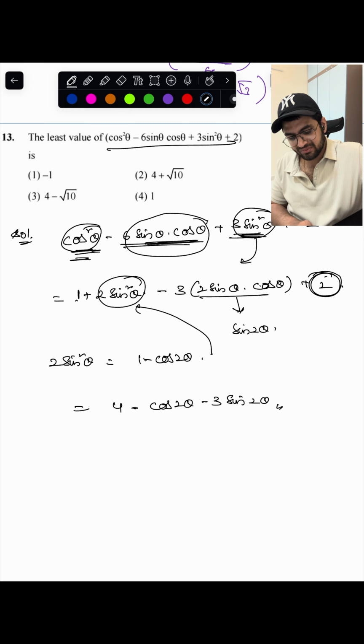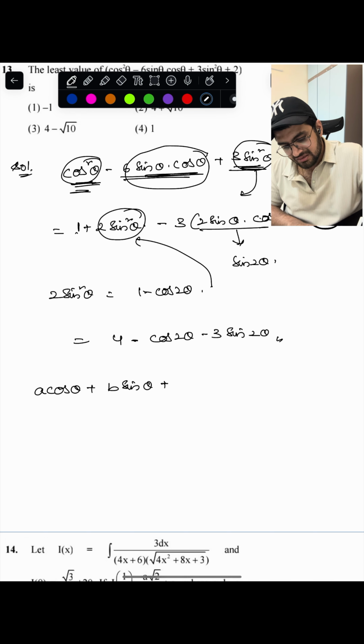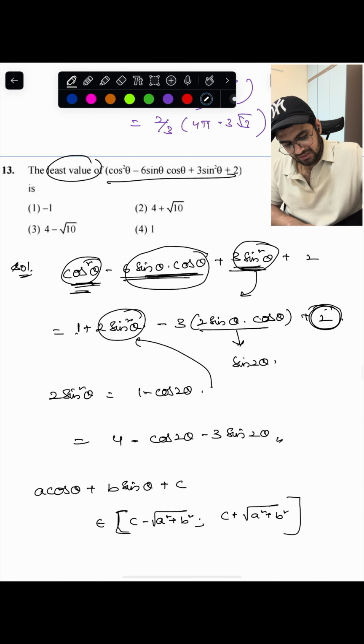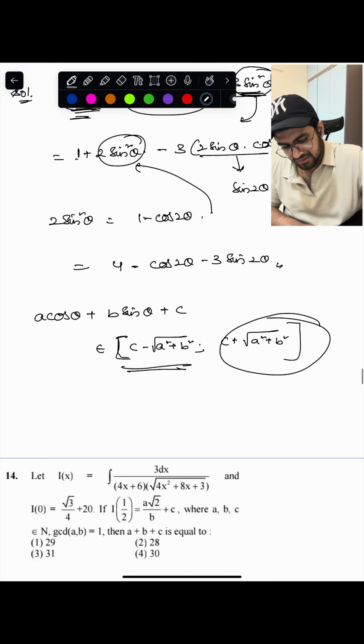A very simple expression. We already learned in trigonometry that if an expression is like a cos theta plus b sin theta plus c, then its range is from c minus root of a square plus b square to c plus root of a square plus b square. The question asks for the least value, so it is this value, while the maximum value would be the other.